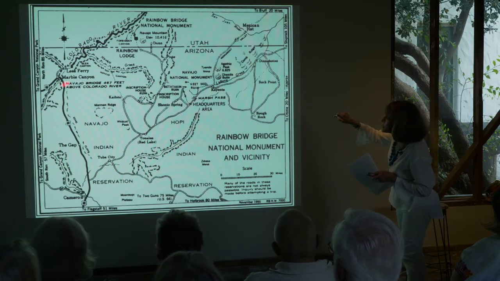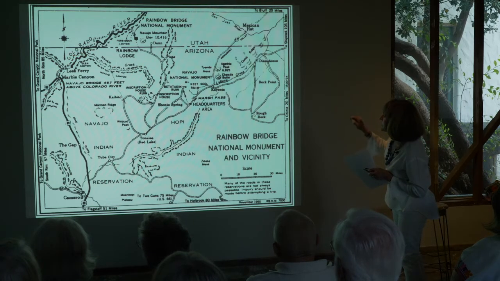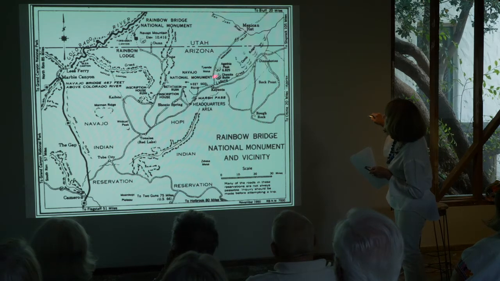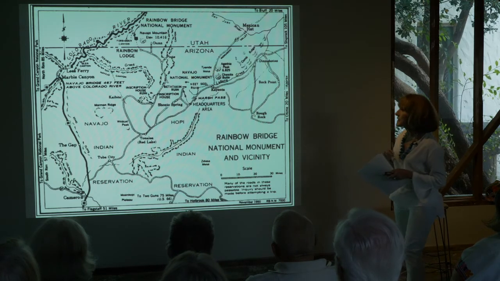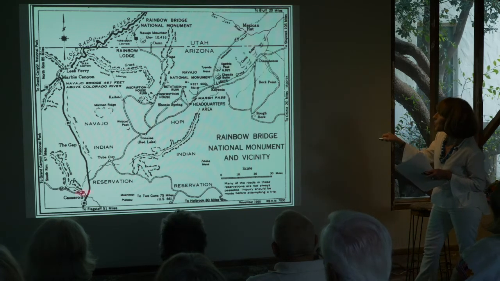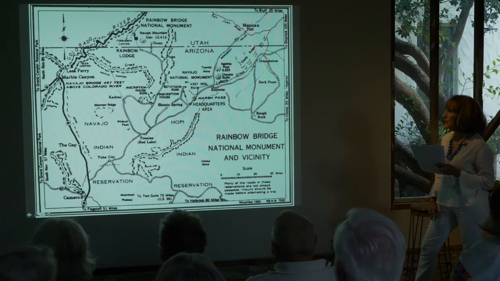The Rainbow Bridge area is over here. Page, Utah is now right over in this area. Monument Valley is up in this area, right here. That gives you an idea of the area. This whole area, the 3,000 square miles, was the terrain that was surveyed.